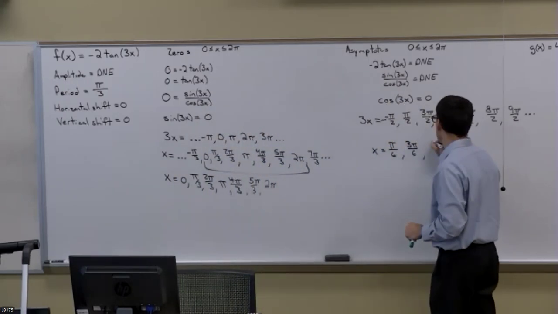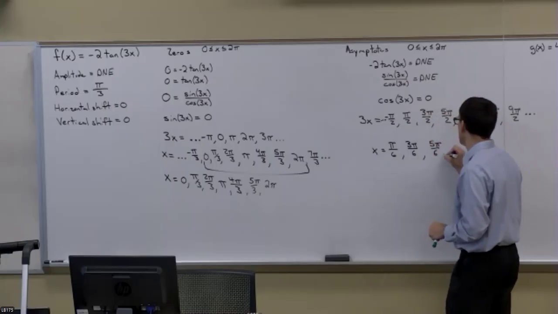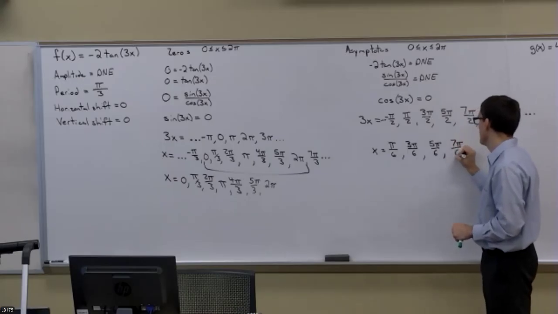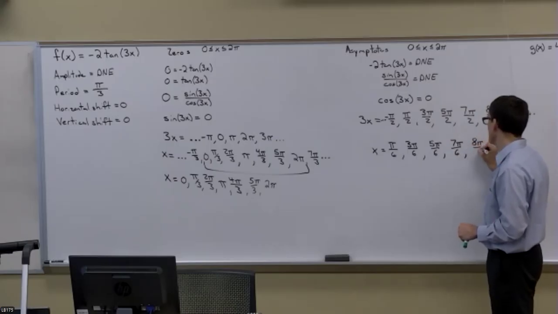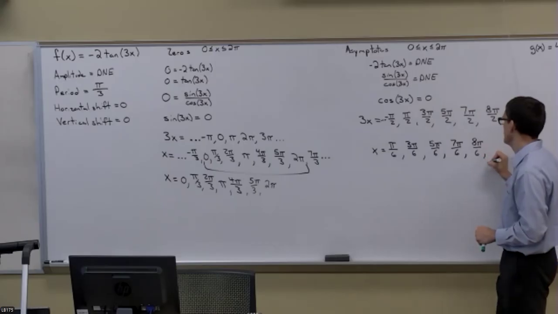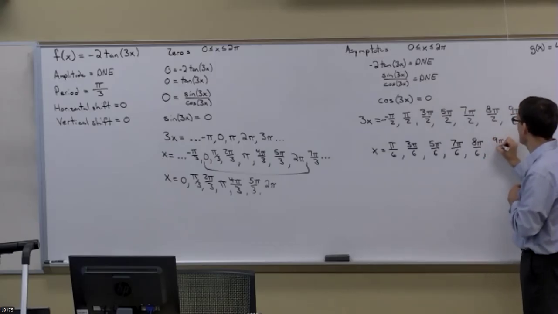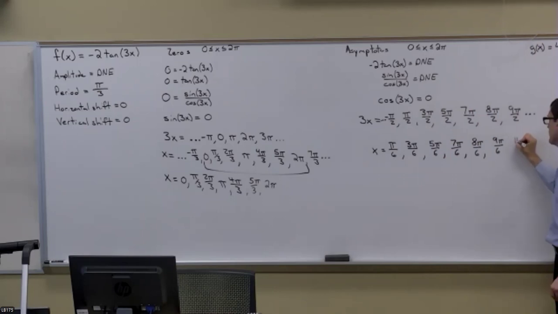5 pi over 6 is between 0 and 2 pi. 7 pi over 6 is between 0 and 2 pi. 8 pi over 6 is between 0 and 2 pi. 9 pi over 6 is between 0 and 2 pi. 11 pi over 6 is between 0 and 2 pi.